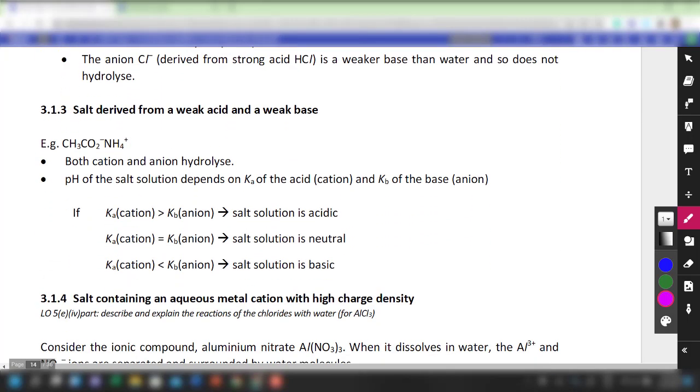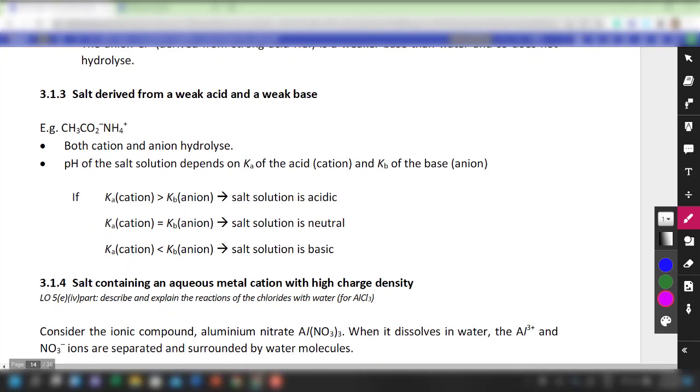However, if I have a salt derived from a weak acid and a weak base, such as ammonium ethanoate, because ethanoate hydrolyzes and ammonium also hydrolyzes, you don't know the outcome of the final pH. The final pH of the solution depends on how strong the acid is as compared to the base.